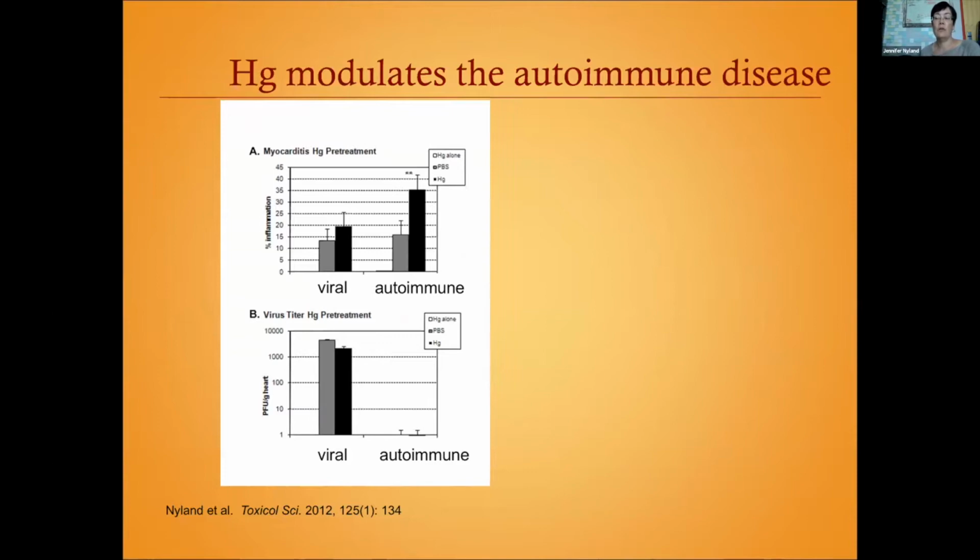So the immune systems of both exposure groups, whether it was control or the mercury in advance of the virus, those responses looked exactly the same. Where we saw the differences was once they had cleared the virus, and we saw that the mercury exposure significantly increased the inflammation that was in the heart.